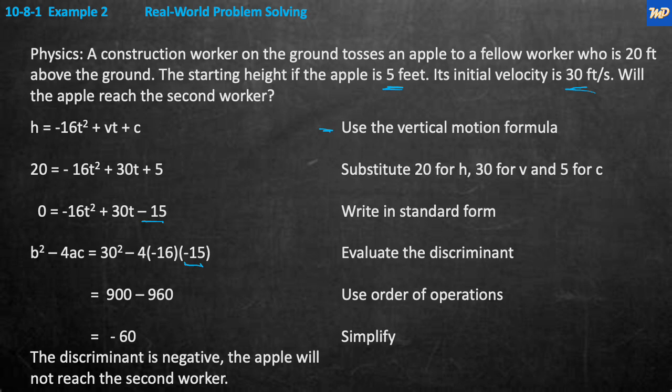So b squared minus 4ac is 30 squared minus 4 times negative 16 times negative 15. So this second term is negative. 16 times 15 times 4 is 960, and 30 squared is 900. And if you subtract 960 from 900, you get negative 60.